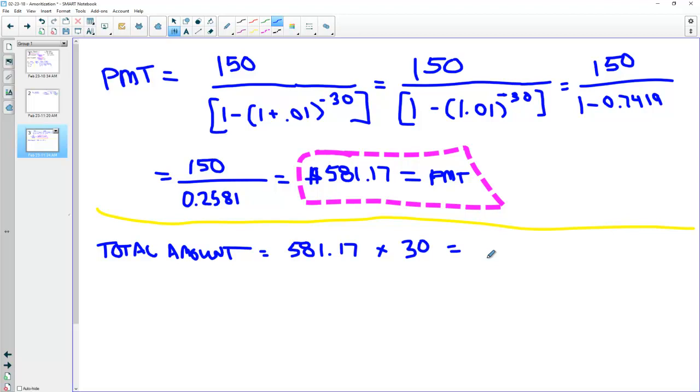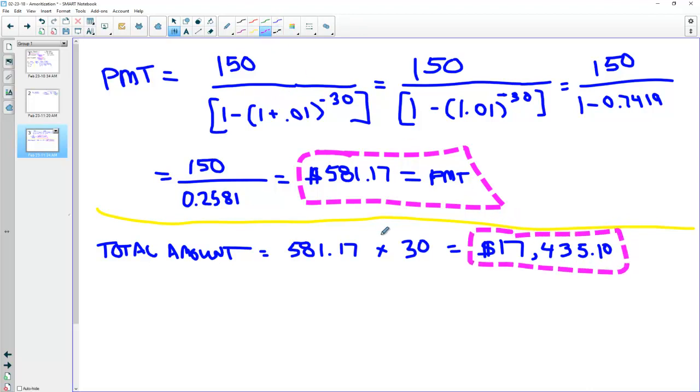So you multiply that by 30, and this is going to be 17,435.10. That's how much you pay back for the amount you borrow.